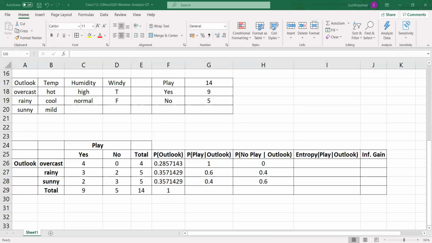To do that, I'm not going to derive the formula myself. I'm going to go over to Wikipedia and get the formula from there, so that I can simply show you how the calculation should be done.